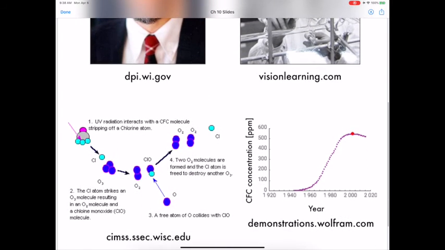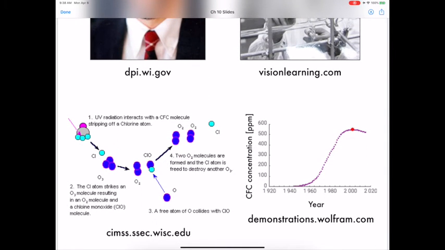And what you see here is a little diagram of the mechanism of how these CFCs react with ozone. As you may remember from your chemistry classes, ozone is the O3 molecule, and normally it's fairly unstable. But in the stratosphere, its concentration is pretty steady, it's pretty constant.